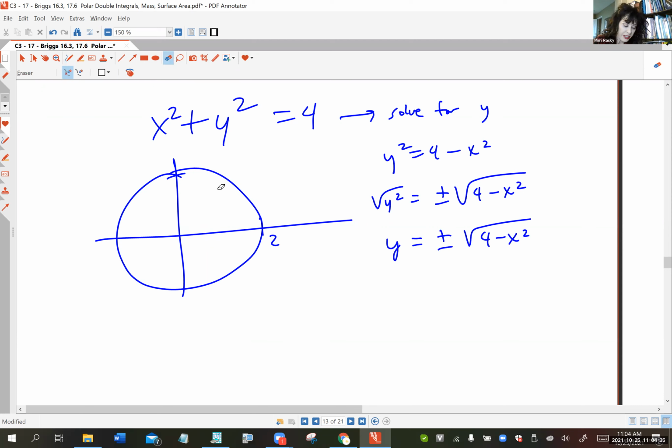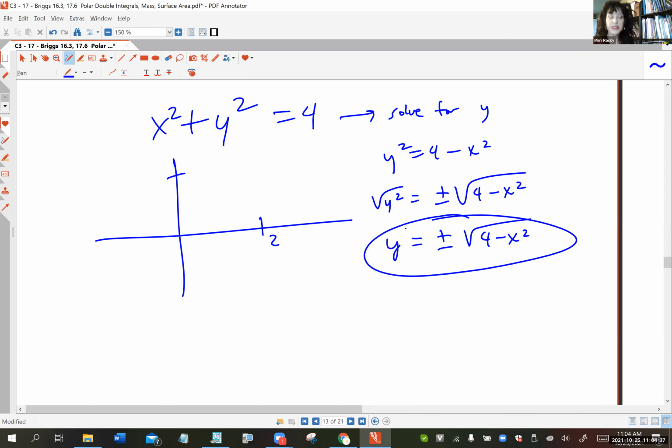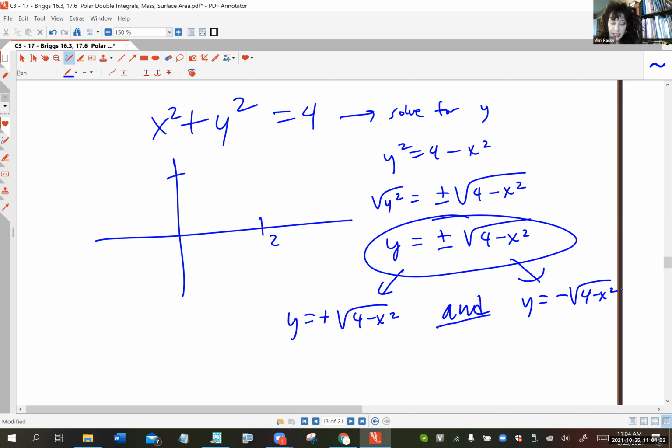Now, what happens here? So this represents the whole entire circle for sure, but you have to graph two separate equations. You have to graph y equals the positive square root of 4 minus x squared and y equals negative square root of 4 minus x squared to look at the entire circle.